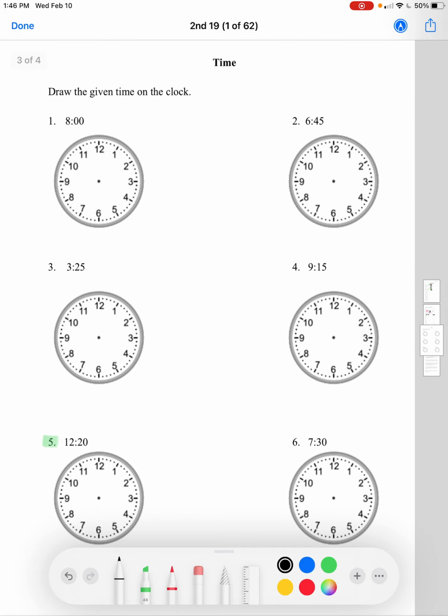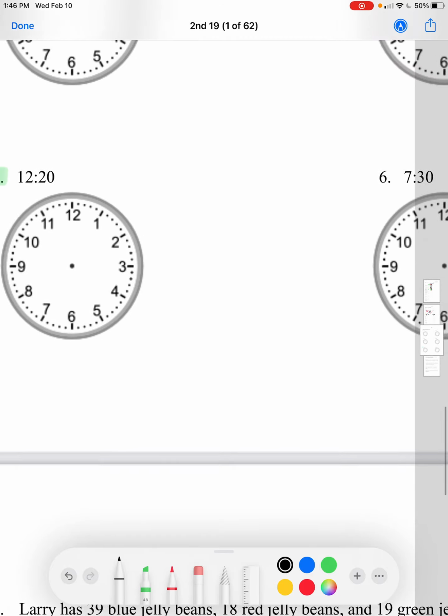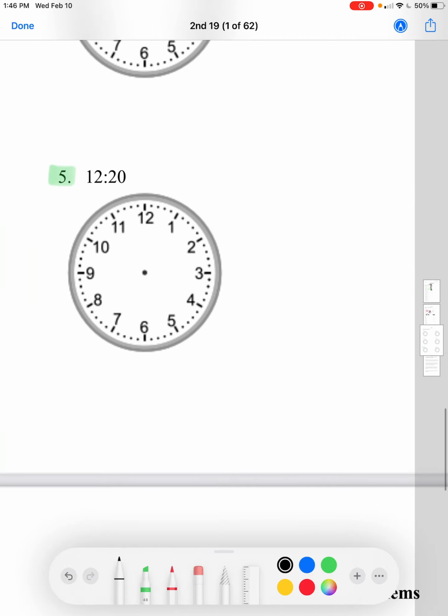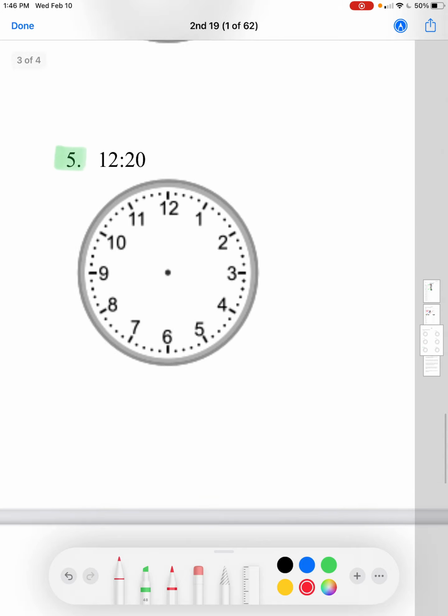Now let's go over time. We have number 5. We'll go over that as our example. And it asks us to draw 12:20 on the clock. So if you don't remember, the numbers on the clock represent the hours. These numbers represent the hours, which is right here. And the numbers for the minutes is actually 5 times the numbers on the clock. So each number here stands for 5 minutes.